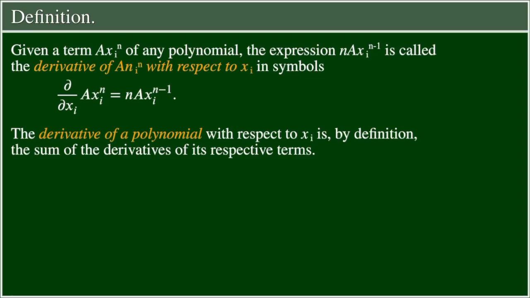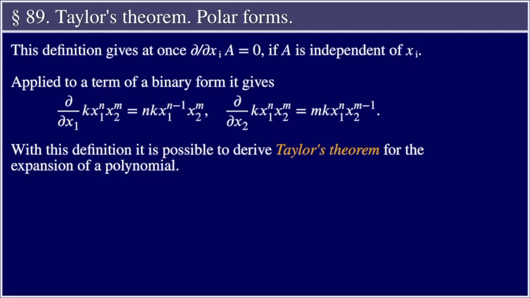The derivative of a polynomial with respect to x_i is, by definition, the sum of the derivatives of its respective terms. This definition gives at once d/dx_i of a equals 0, if a is independent of x_i.